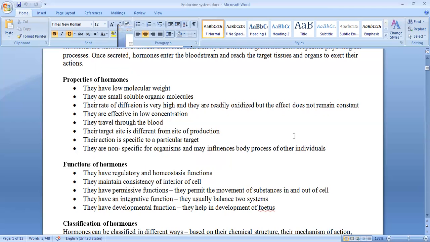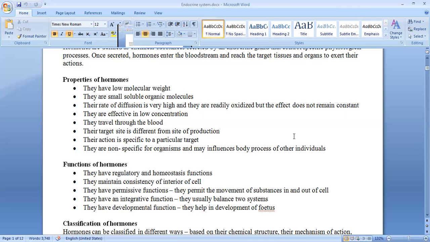For example, we know that the pituitary gland produces many hormones, but they do not act in the pituitary gland. They go and act on the testes, or they go and act on the adrenal glands. Like that, different areas of action will be there. So the action is specific to a particular target. That means every particular hormone will act on a particular organ and exert one particular type of effect.